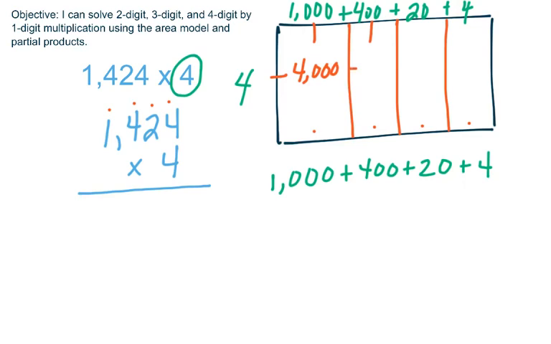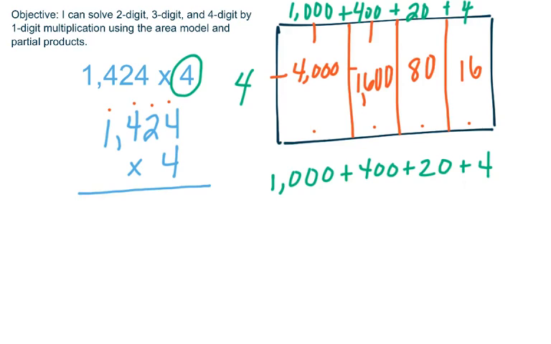400 times 4, well, 4 times 4 is 16. And then I'm multiplying that by 100, so now I've got to bump it over 2 place values, so I've actually got 1,600. 4 times 20, 4 times 2 is 8, and I'm going to multiply by 10, so I need an extra 0. And 4 times 4 is 16.